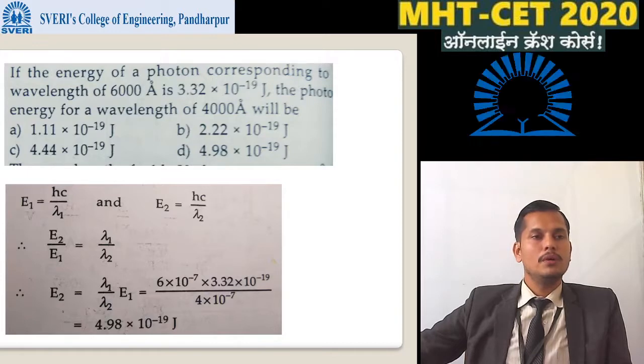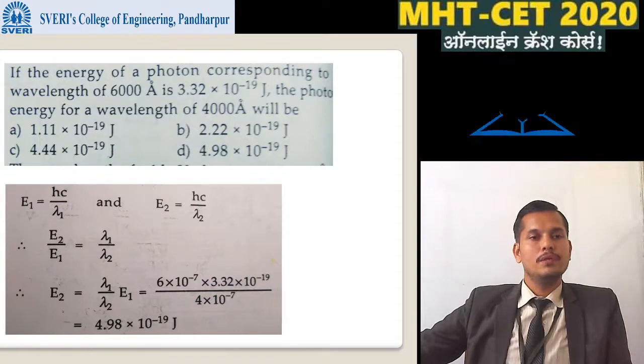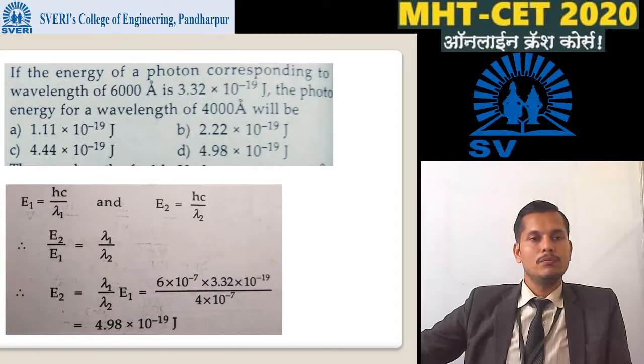If the energy of a photon corresponding to a wavelength of 6000 angstrom is 3.32 into 10 raised to minus 19 joule, the photon energy for a wavelength of 4000 angstrom will be.